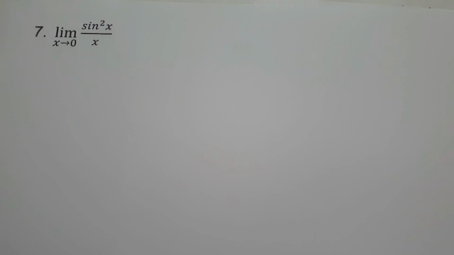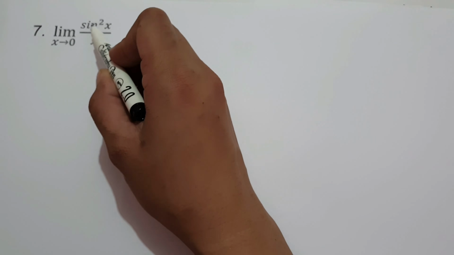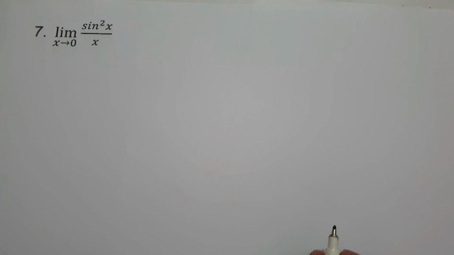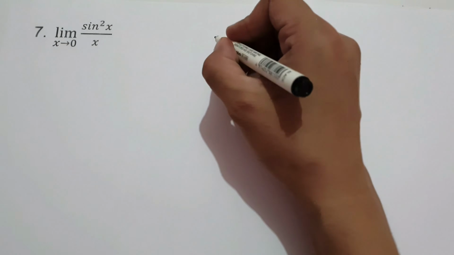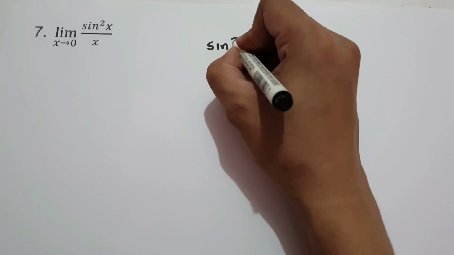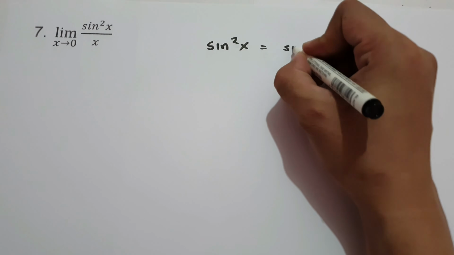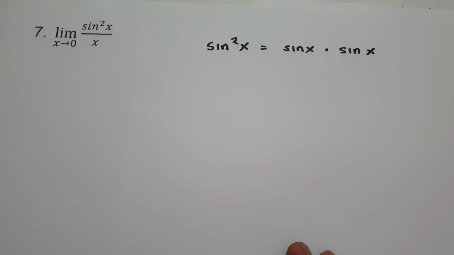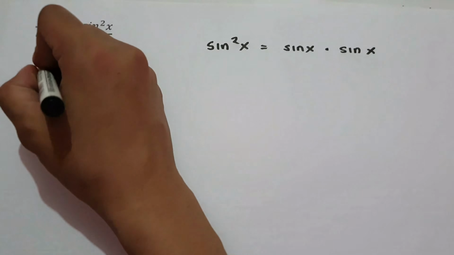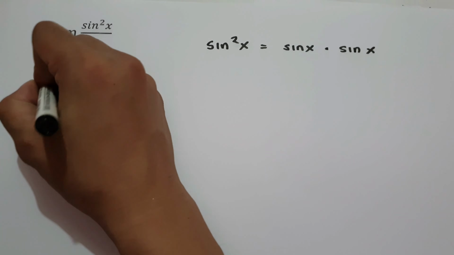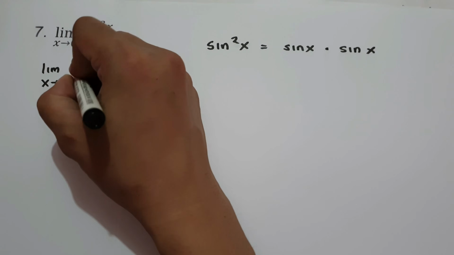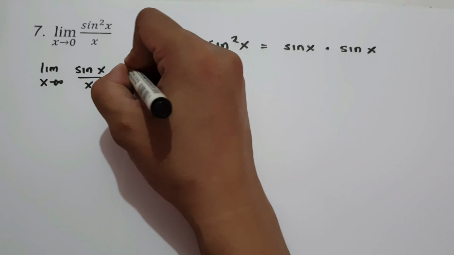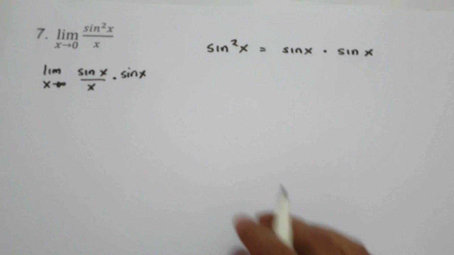On example number 7, we have the limit of sine squared x over x as x approaches 0. To simplify this, let us use the idea that sine squared x is sine x times sine x. So let us write this as the limit as x approaches 0 of sine x over x times sine x.